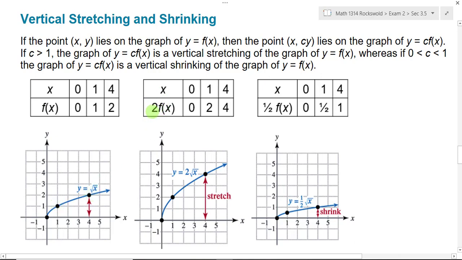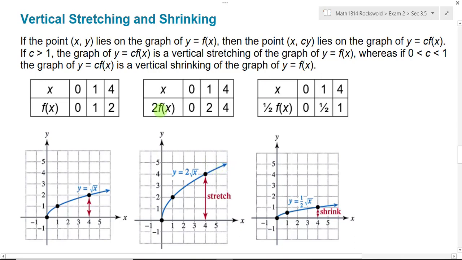If I multiply the parent function times 2, what I'm looking at is the graph of y equals 2 square root of x. And you see how I multiply each of these y values by 2. My x's are originally 0, 1, and 4. When my x's stay the same, the y's are now doubled, 0, 2, and 4 instead of 0, 1, and 4. And when I sketch that graph, you can see that what we have is a vertical stretch.